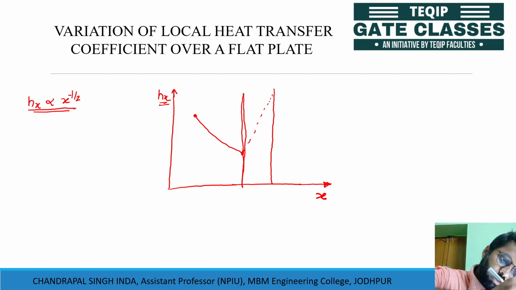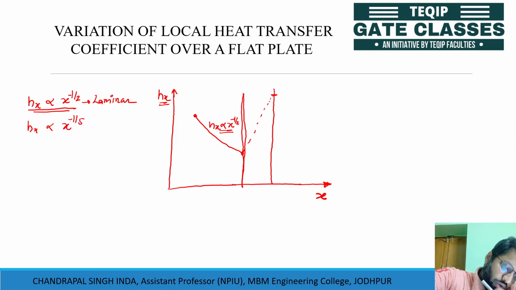So as we know, the convective heat transfer coefficient for the turbulent flow is way greater than that in a laminar flow, because the momentum distribution is more in the turbulent boundary layer. This is for the laminar, and hx is proportional to x raised to minus 1 by 5 for turbulent flow.